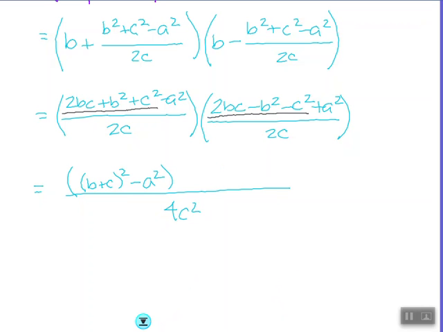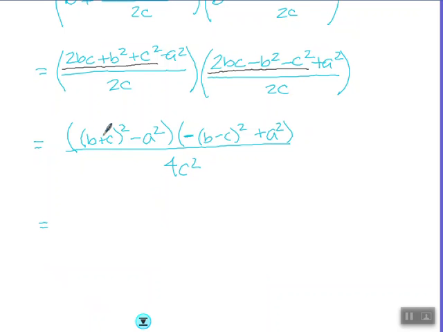But first I need to factor out a negative 1. So if I factor out a negative 1, I'm then going to be left with b minus c squared plus a squared. Then I'm going to keep factoring. This is now the difference of two perfect squares.